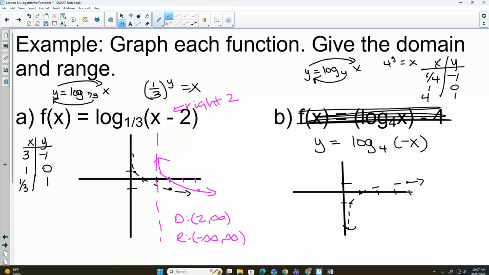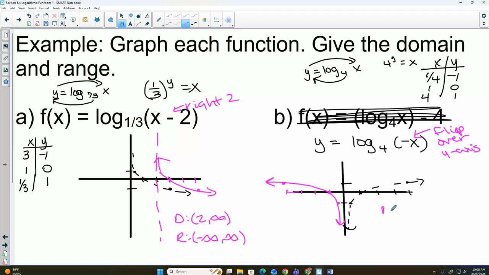Okay. What does a negative on the x do? If I'm taking my x and making it negative, it flips it over the y-axis. So, if I flip these points, it should look like this.